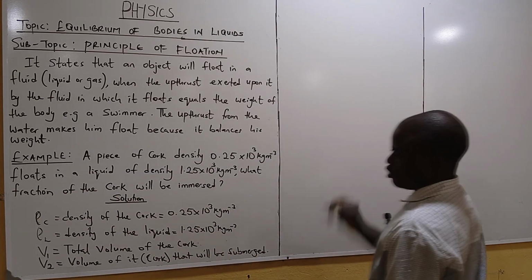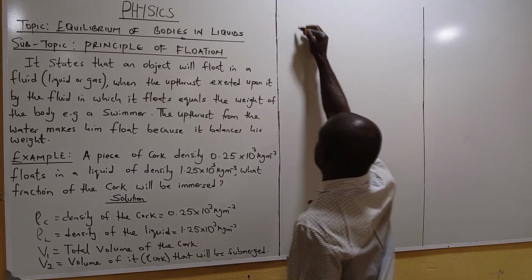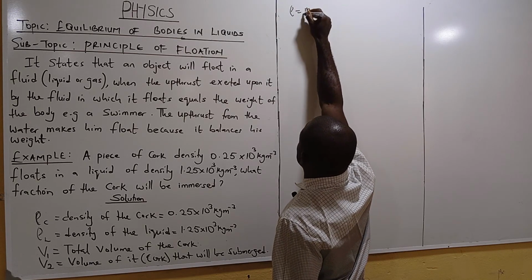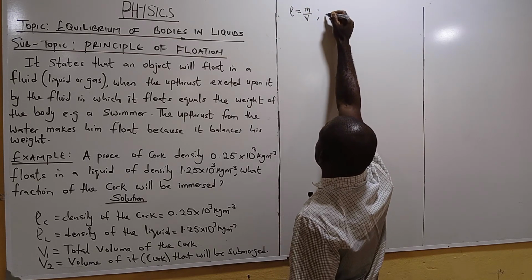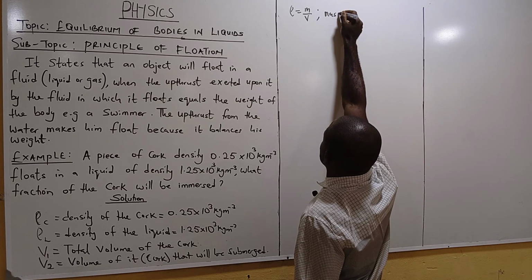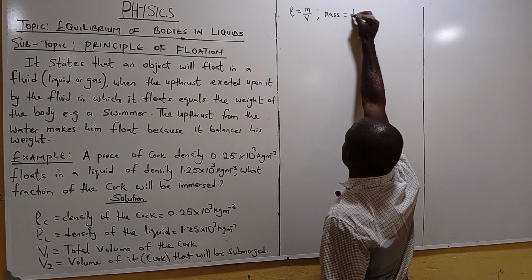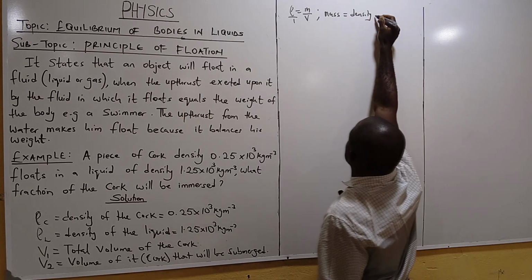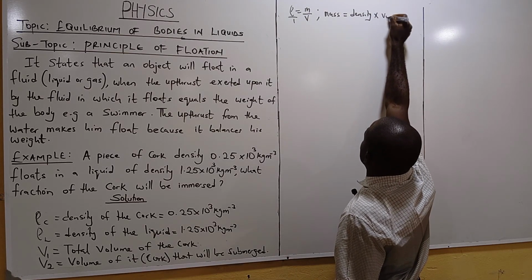Now, since we have that, you know that density equals mass over volume, and the mass now equals, when you cross multiply, density times volume.